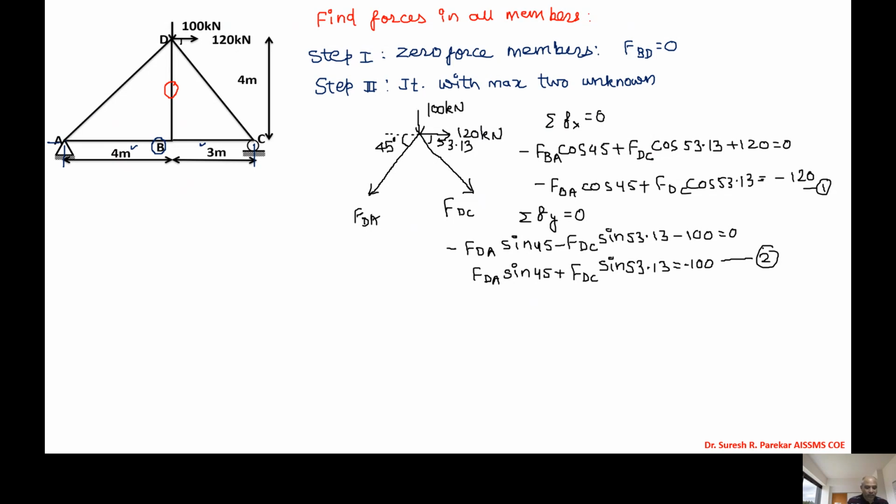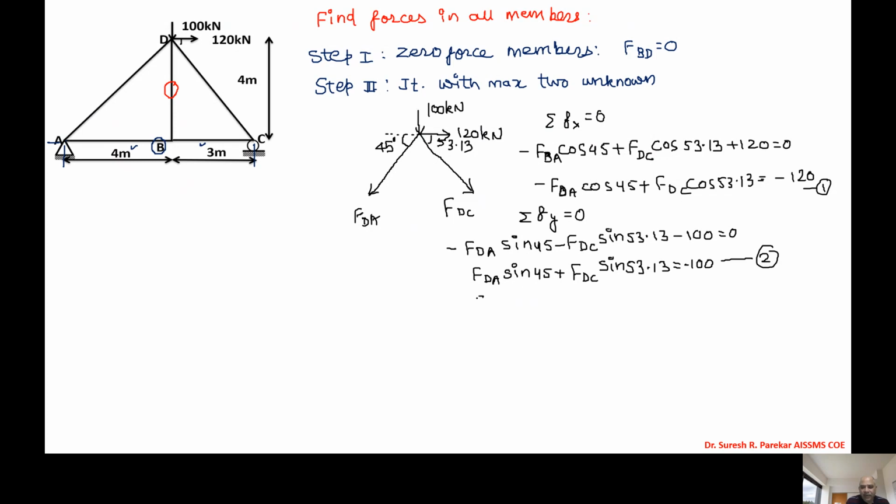So we have minus cos 45, cos 53.13, equal to minus 120, and sine 45, sine 53.13, minus 100. Sorry, this is not FBA, this is FDA. So we get FDA and FDC.